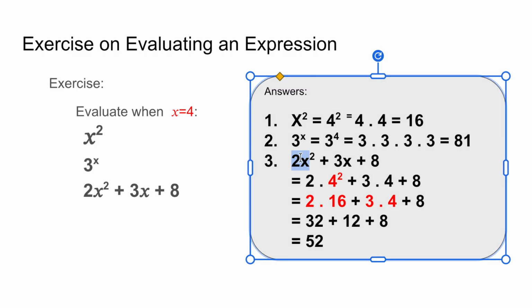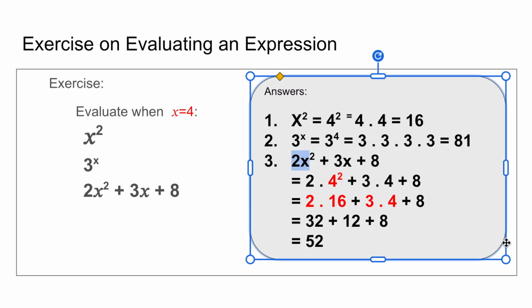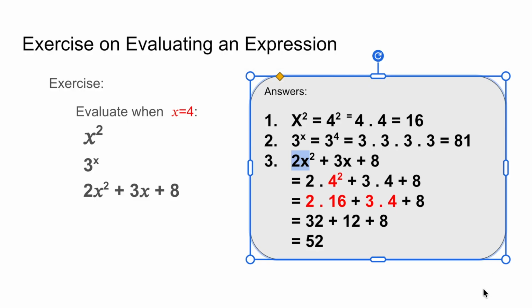Anytime you see a number and a variable without any symbol in between, it means multiplication. So it is 2 times 4. But now we know 4 is not just 4. 4 has an exponent 2, so it becomes 4 square. X becomes 4 and the exponent is already there. So it is 2 times 4 square plus 3 times 4. This is 3 times x. Just now we saw that 2x means 2 times x.